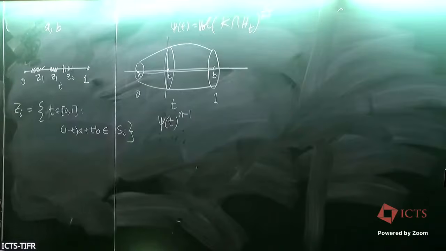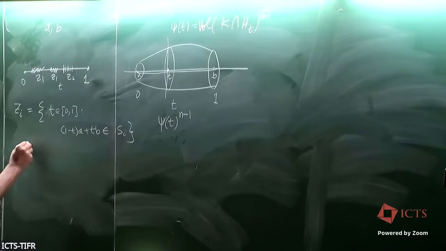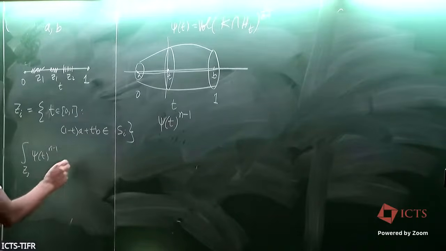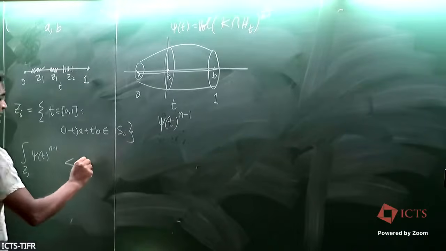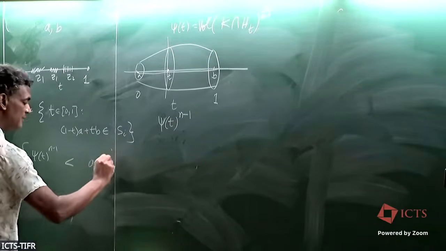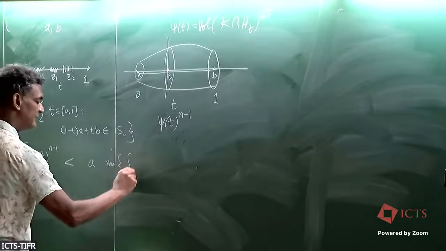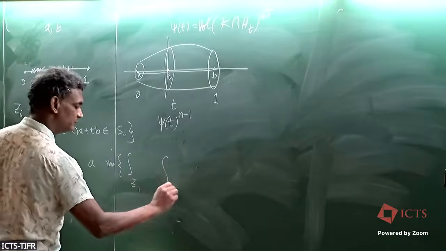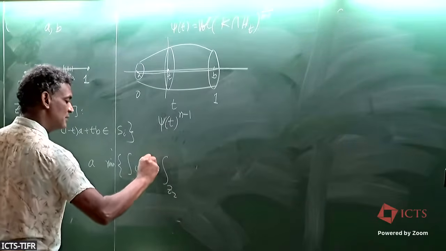So now what do we need to prove? We are saying that from this we get the same conclusion on the Z's. By the way, we've maintained the inequalities except for the weighting. So let's write it down. It's saying that the integral over Z3 of this psi t to the n minus 1 is less than A times the minimum of the integral over Z1 and the integral over Z2 of the same psi t to the n minus 1.